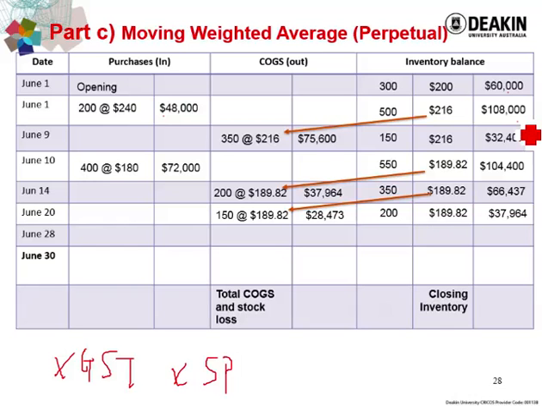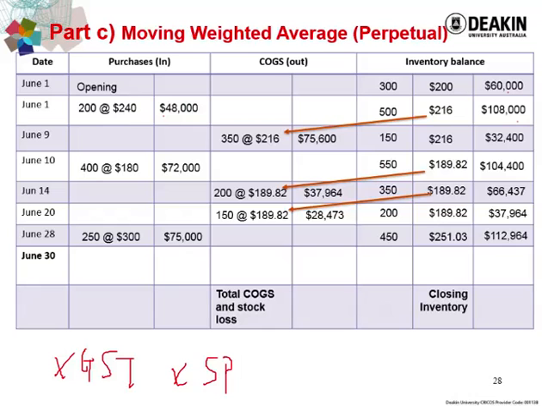On 28 June, we purchased 250 units at $300 each, not including GST. So again, every time when we make a new purchase, we have to recalculate the unit cost, and the updated unit cost is 251.03, which is 112,964 divided by 450.